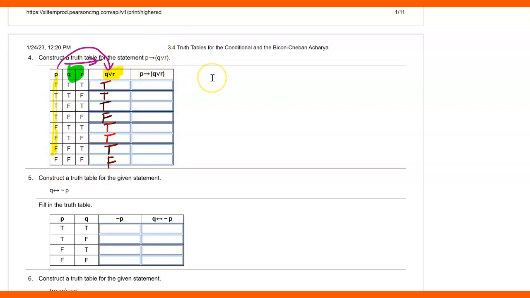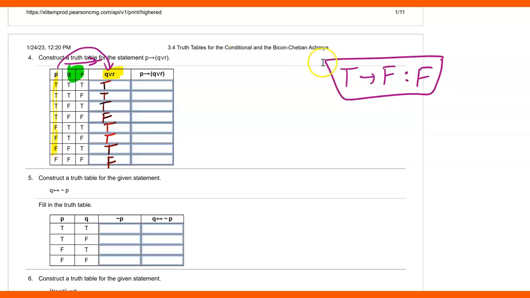See, therefore, what happens in right arrow: T right arrow false is going to be false. That's the only case it's going to be false. The conditional is going to be false if this happens. Other than that, the conditional is always true.